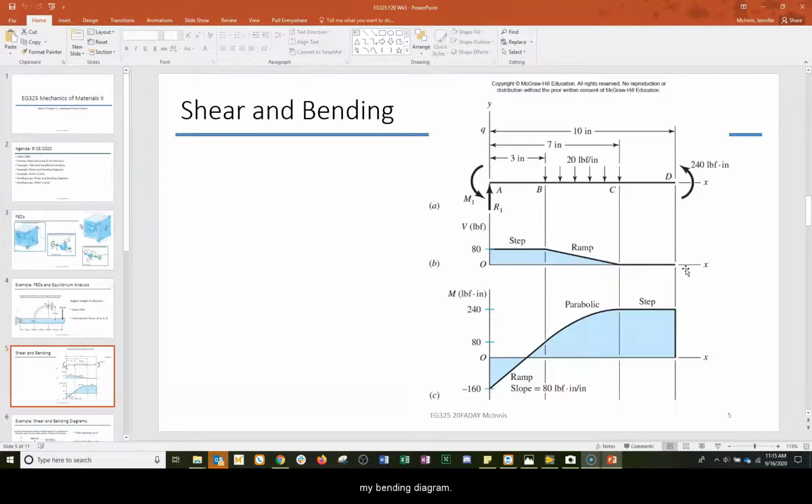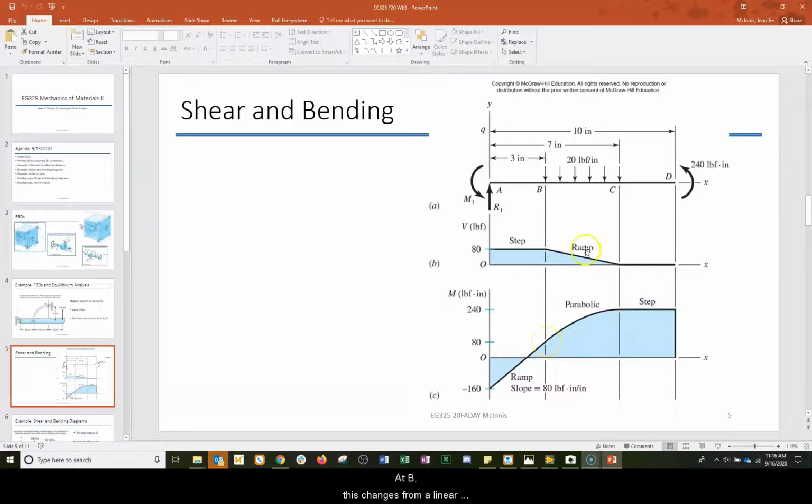and my bending diagrams. So for bending, I base this off of my shear diagram. So I step down to whatever M1 is, and then if shear is constant, my moment diagram should be linear. So from A to B, I have a straight line with a slope equal to the constant shear force.